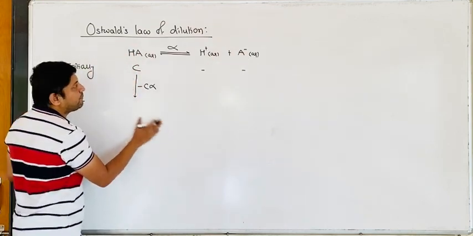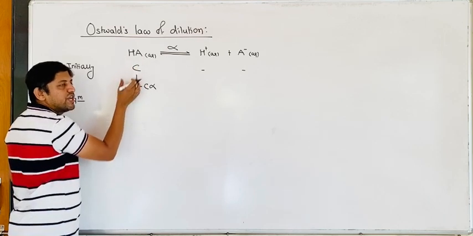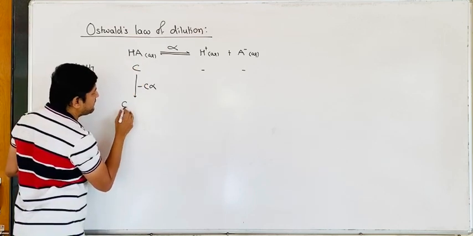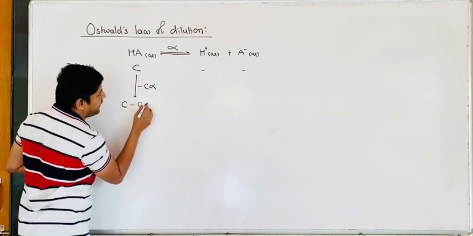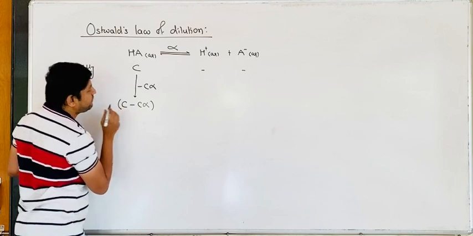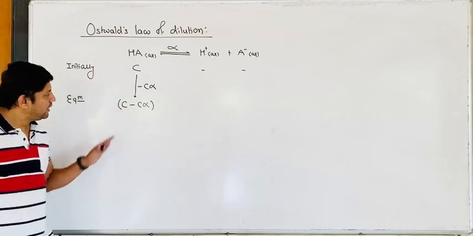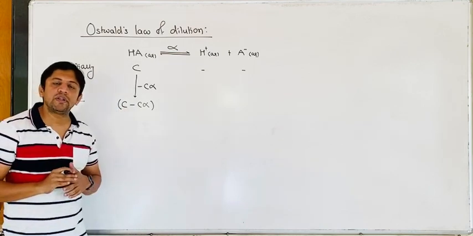So at equilibrium, amount of acid HA remaining undissociated is its initial concentration minus amount dissociated, C into alpha, C minus C alpha. C is the initial concentration.